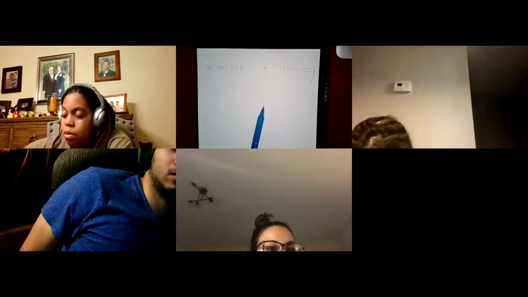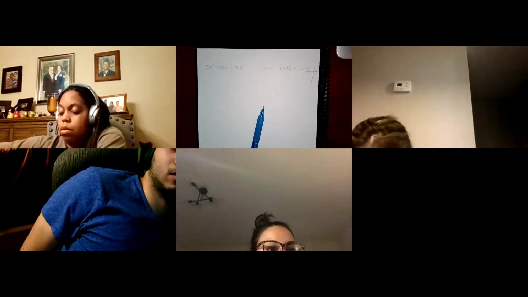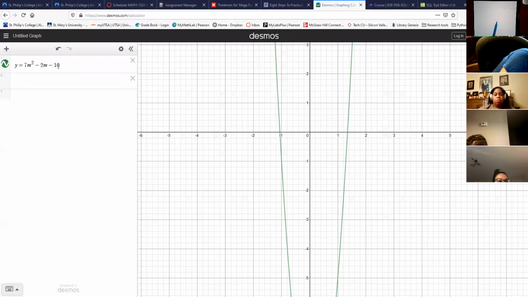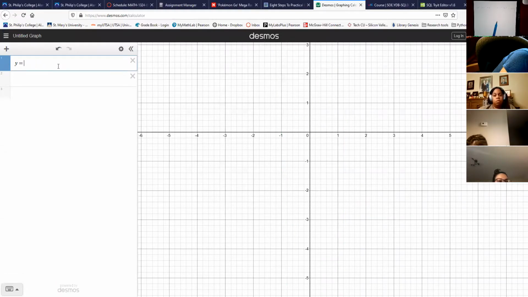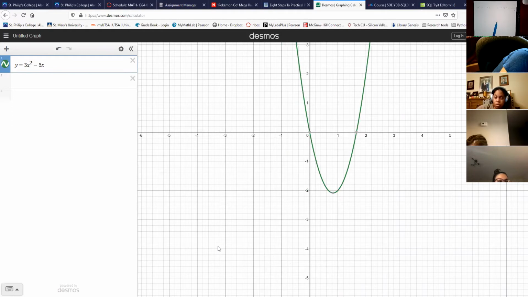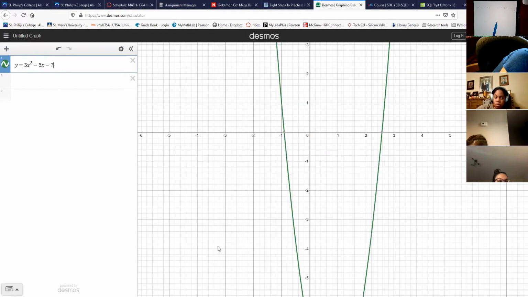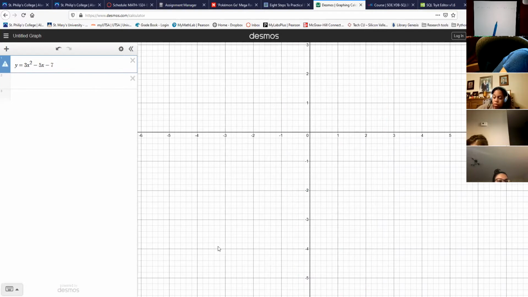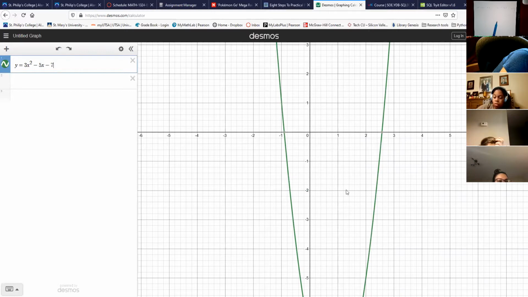Okay, let's see what the parabola looks like. So we have 3x squared minus 5x minus 7. By the way, when you do powers, you got to do the shift and then a caret to go up. Anyway, so the zeros are right there. So these are the numbers.